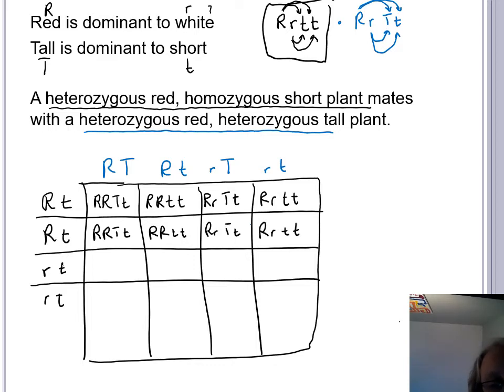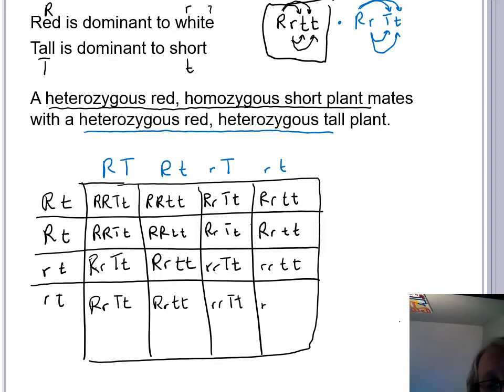I'll finish this off. Big R, big R, big T, little t, big R, little t, little t, little r, big T, little t, little r, little t, little t, and then our last row.